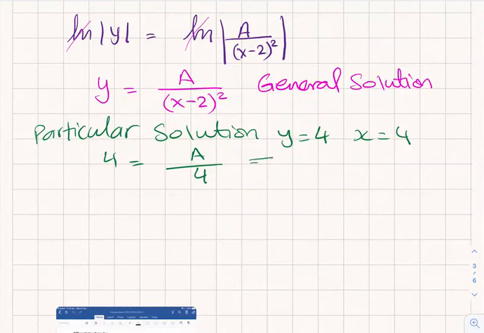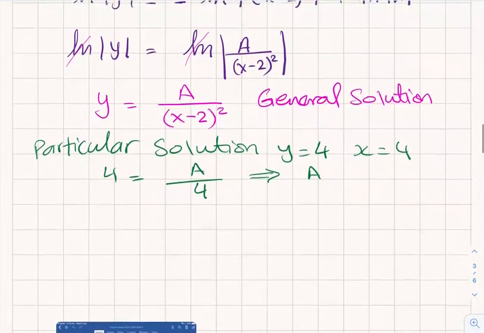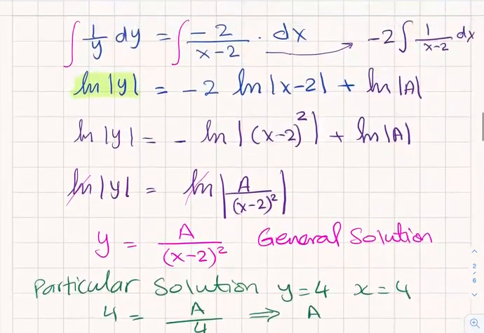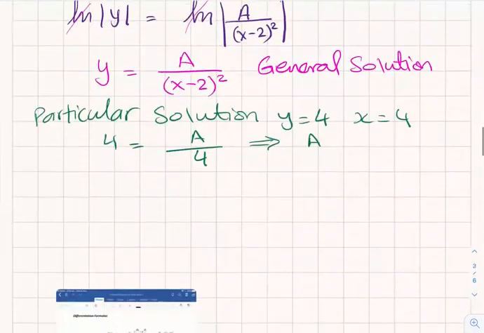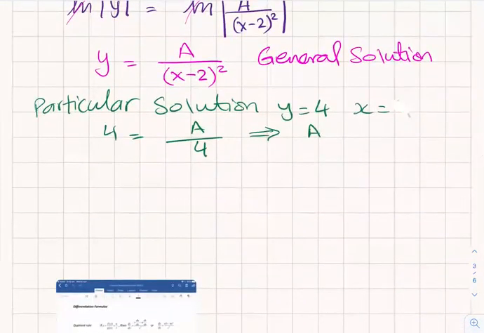And therefore, a equals, is it x minus 2 squared? Is x 4 or 1? Sorry, x is 3, not 4, because x equals 3.